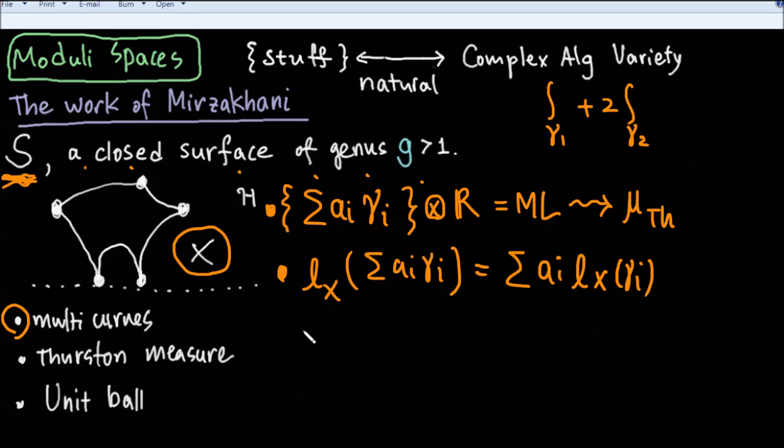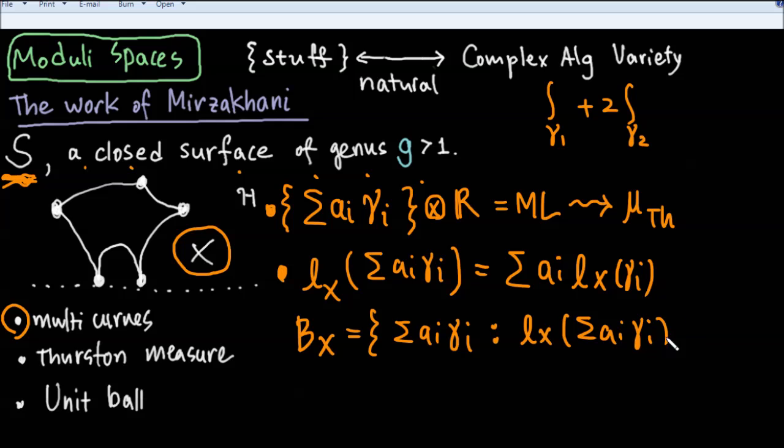Okay, next one is this B_X. B subscript X, she introduces. This is all the multicurves sitting inside this space here, measured laminations, such that its length is less than or equal to 1. It's like a unit ball. So this pure object, because of this metric and the length function, becomes a little bit of a metric space itself.